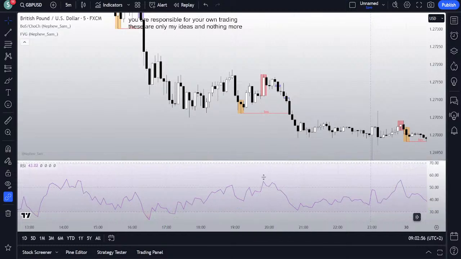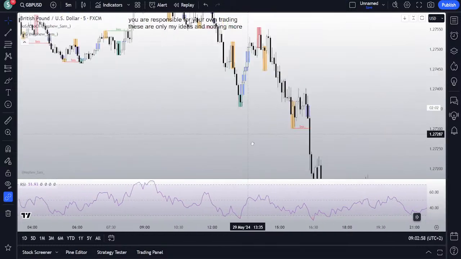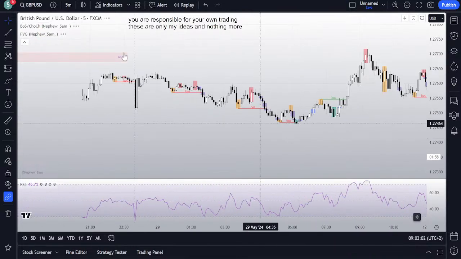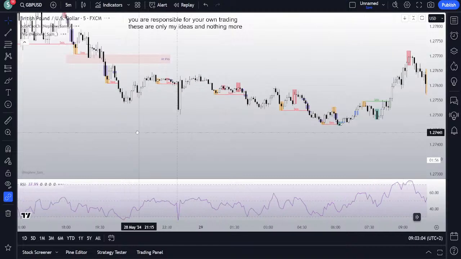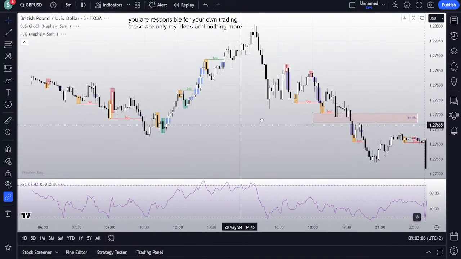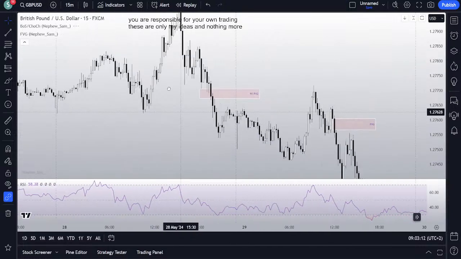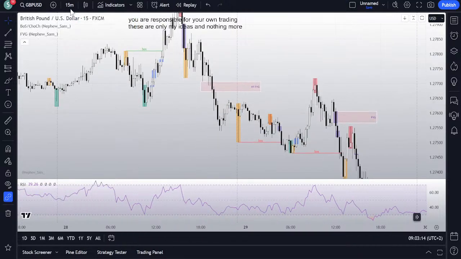We can have a look at another example. Let's change to perhaps 15.